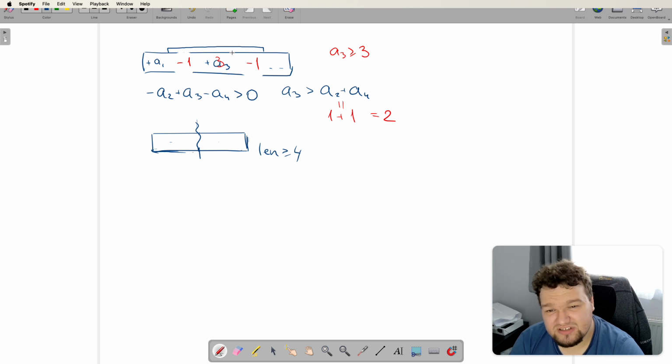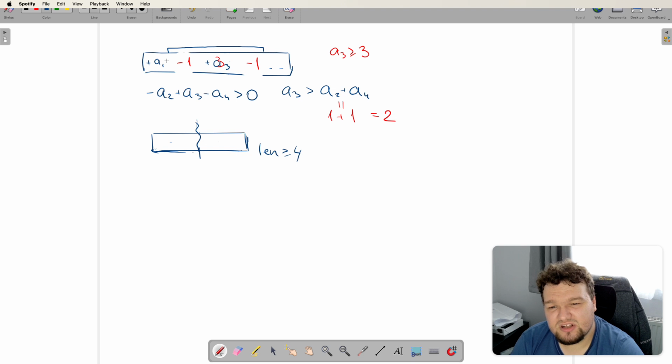it should be pretty clear that if we have a positive element that is between 2 negative ones, then it must be at least 3, because we can take a segment like this and our negative elements are -1, so for this segment to have a positive sum, this element must be 3 or more.